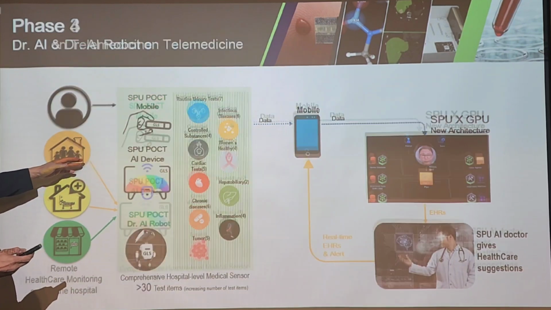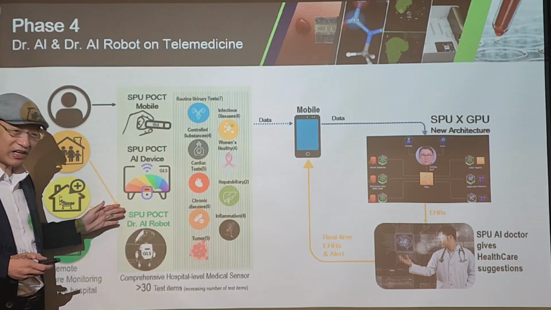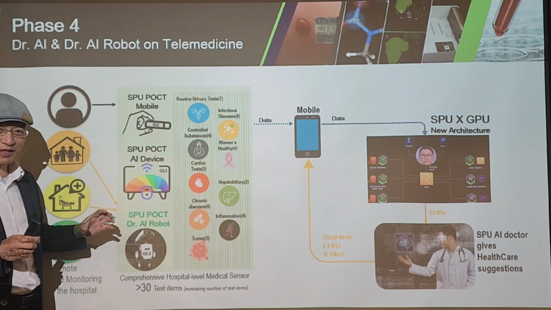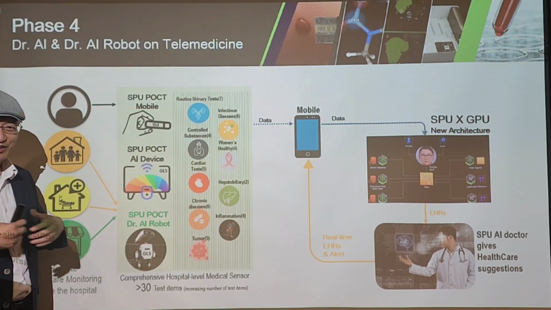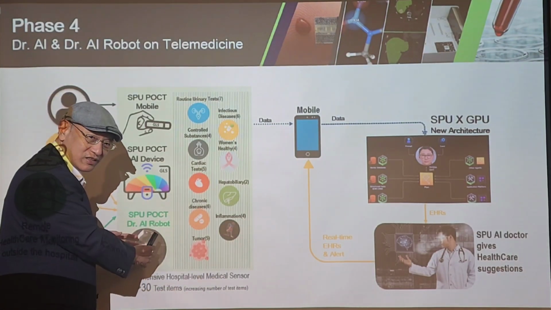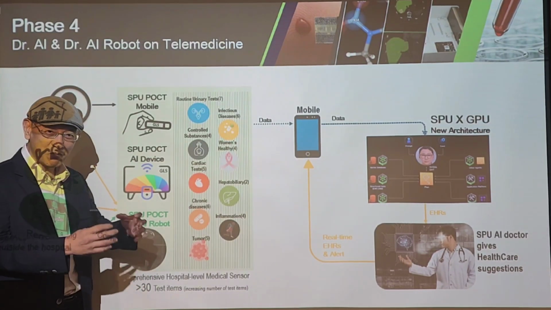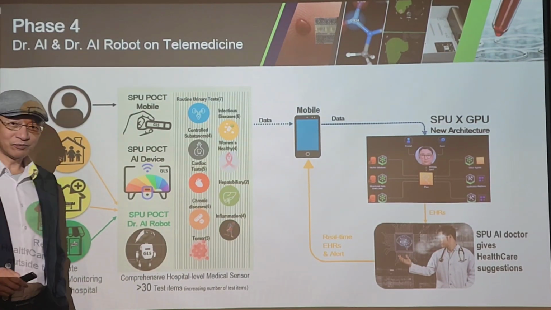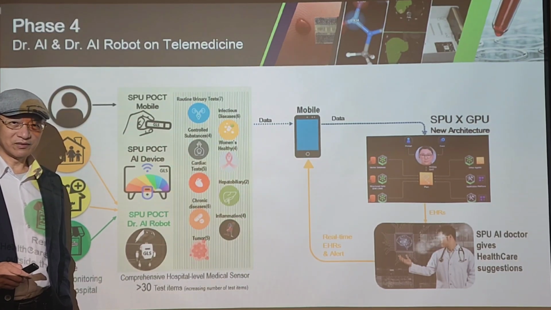In stage 4, we will add a new device, which is a Doctor AI robot. This robot will be at your home, talk to you, and tell you how to take care of yourself. And the data will be collected by this robot. So that will be even more interactive. Sure, that can also be used to recommend certain modifications.